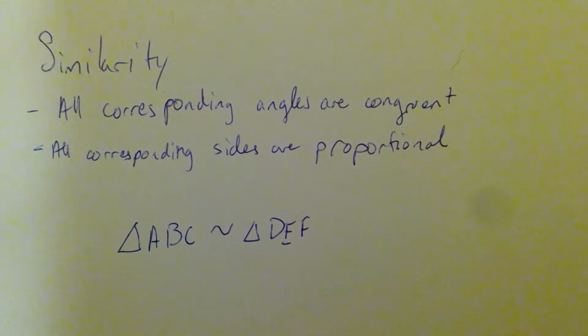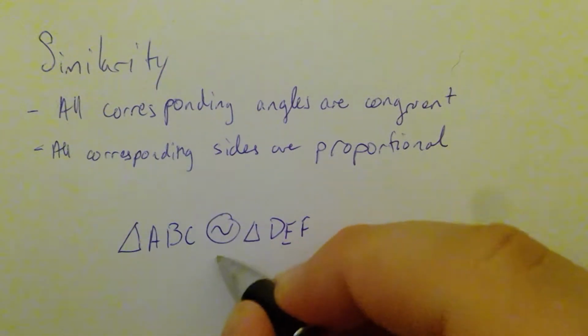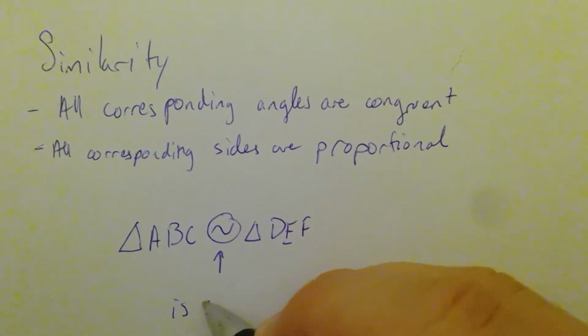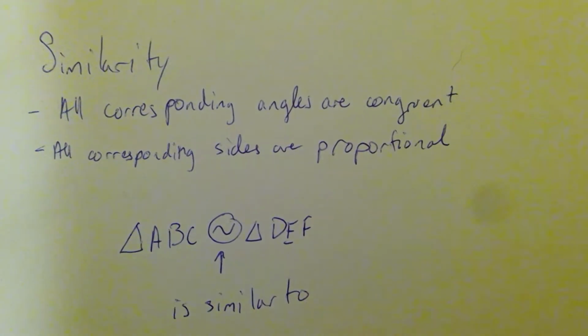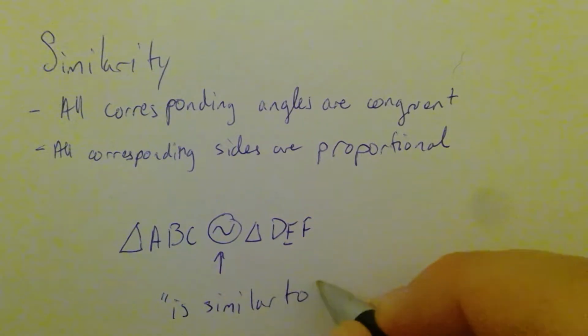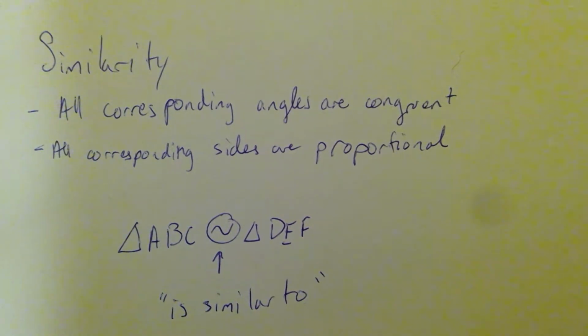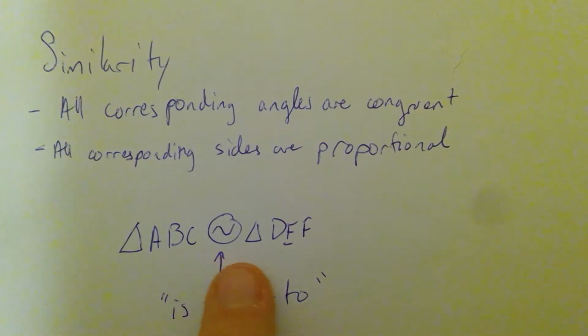Okay, so we've seen the squiggle with the equal sign under it, that's congruent, but this right here you read as "is similar to." So I read this as triangle ABC is similar to triangle DEF. And that tells me that those two triangles have angles that are congruent and sides that are proportional. All right, so let's go and look at an example.